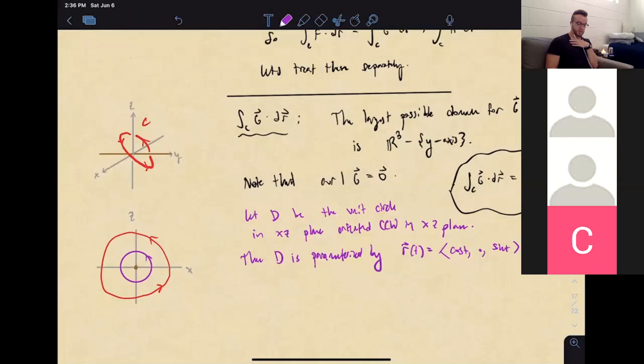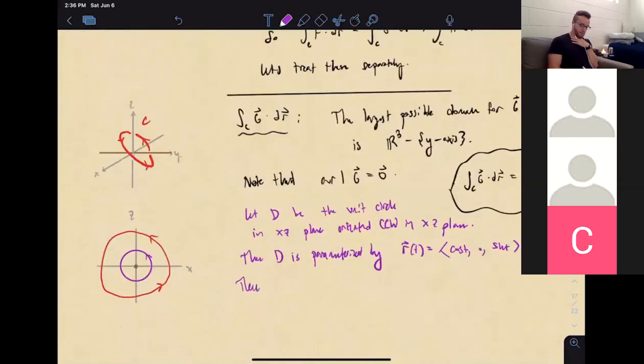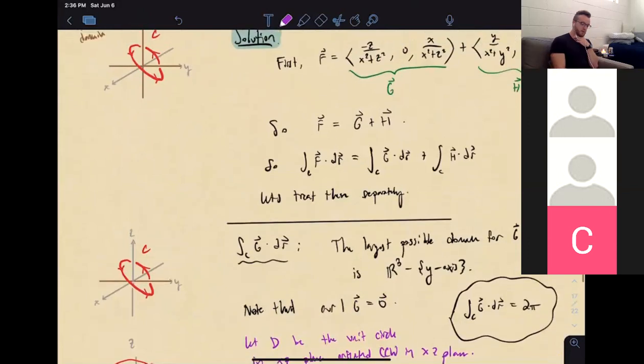And now we can just compute, right? We know what g is. So the integral over D of g is the integral from 0 to 2 pi. The vector field here, x squared plus z squared is 1 because we're on a circle, so I'll get negative z, 0, x.